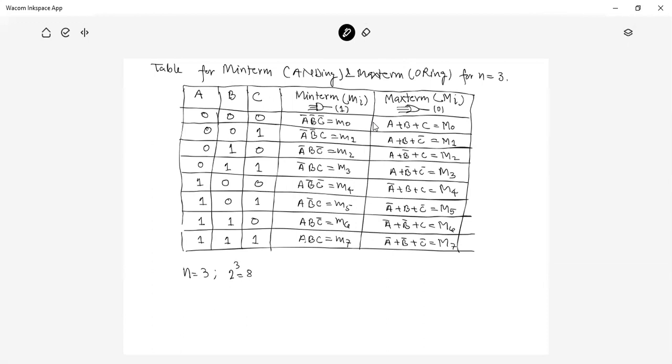So there are 8 possibilities for A, B, C: 0 0 0, 0 0 1, 0 1 0, 0 1 1, 1 0 0, 1 0 1, 1 1 0, 1 1 1.